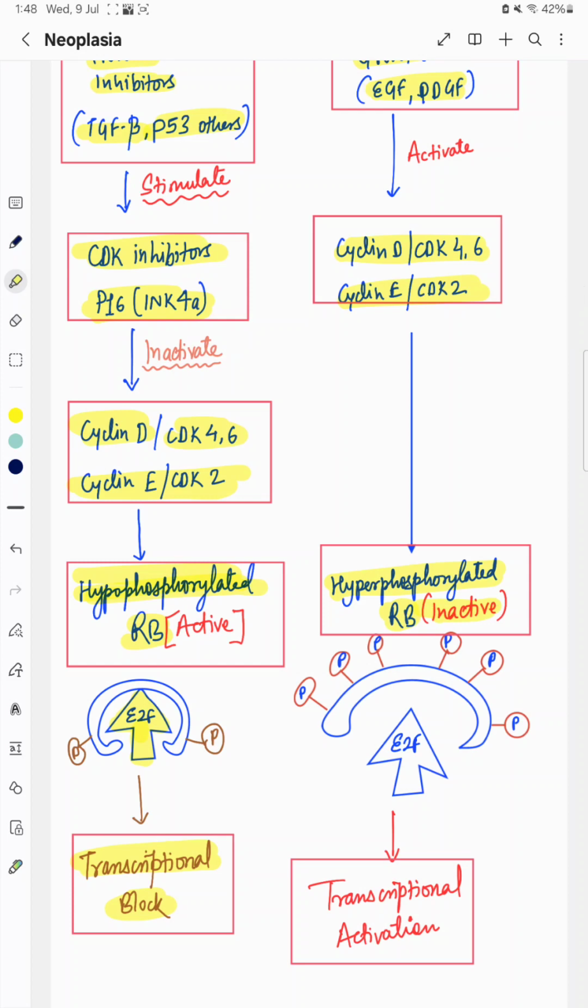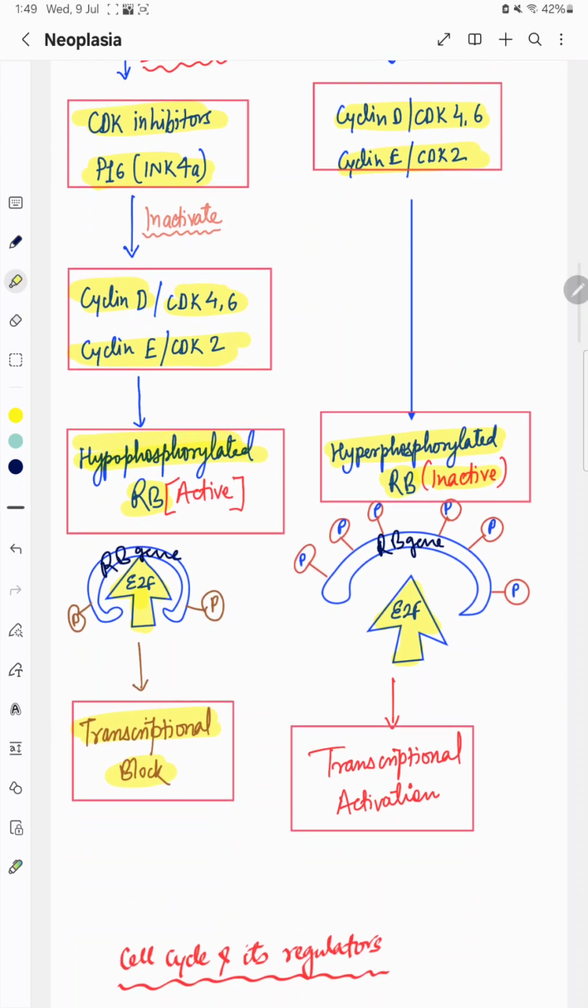Hyperphosphorylated RB gene releases the E2F elongation factor and will result in the transcriptional activation and progression of the cell cycle.